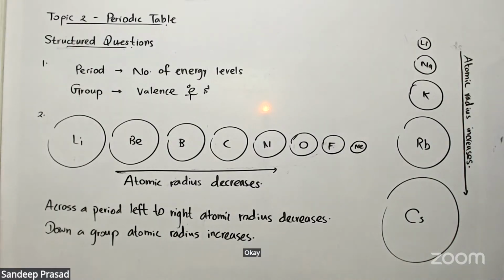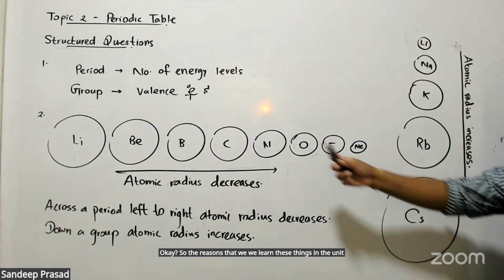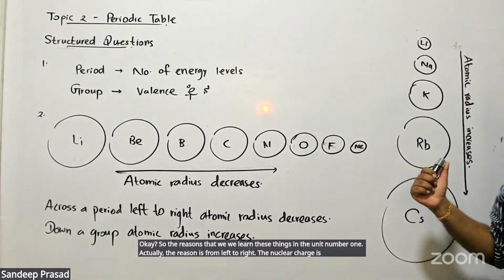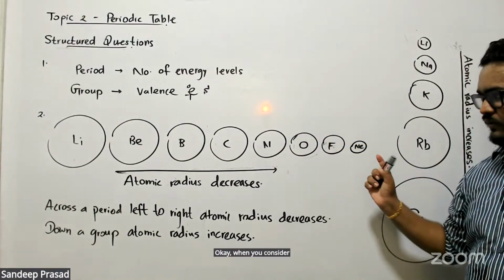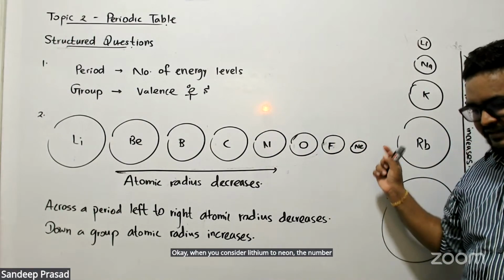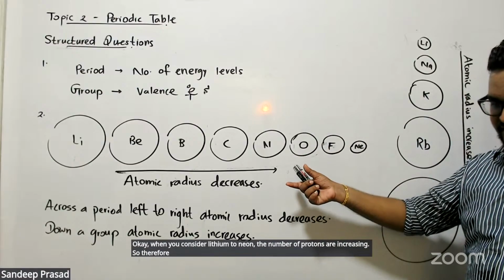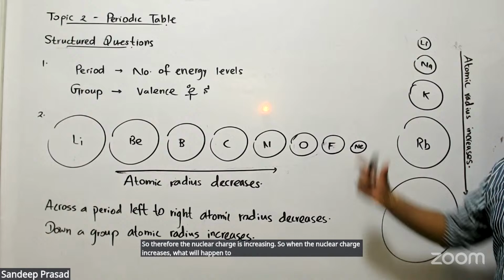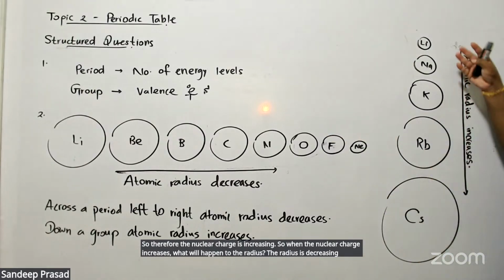Okay. The reason from left to right is that the nuclear charge is increasing. When you consider lithium to neon, the number of protons is increasing, so the nuclear charge is increasing. When the nuclear charge increases, the radius decreases.